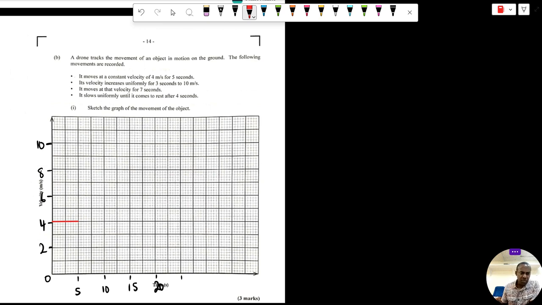Good. Now for the next stage we're told the velocity increases uniformly for 3 seconds to 10 meters per second. So currently we are at 5 seconds, right? 5 seconds.